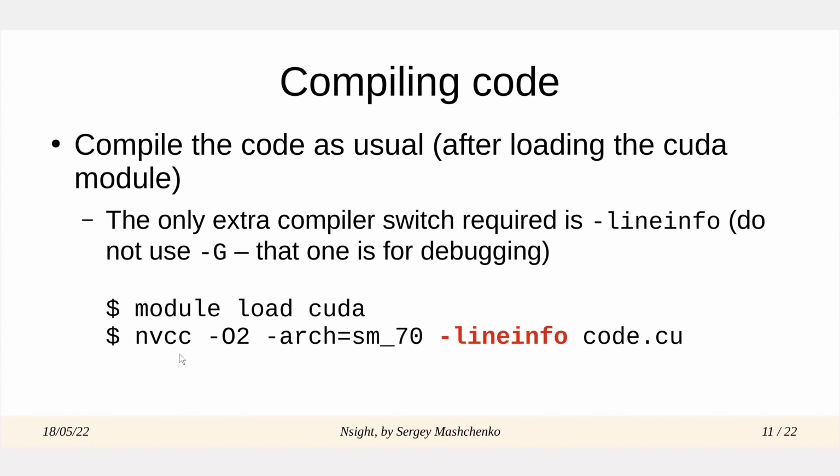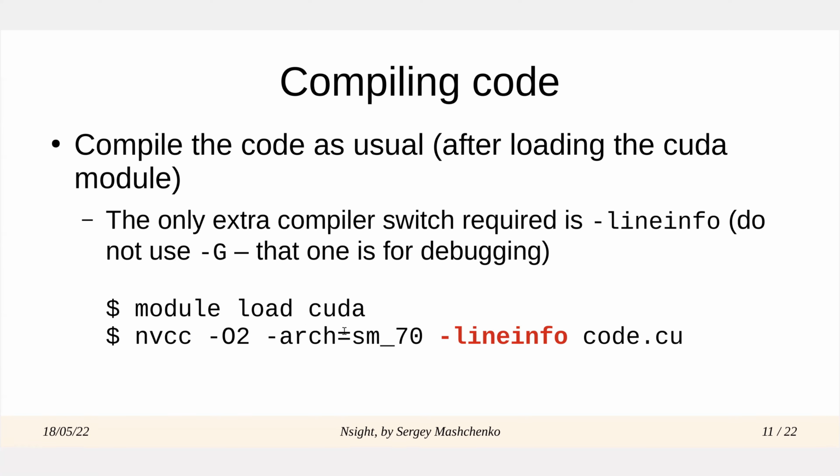About compiling your code, you have to actually recompile your code for proper profiling with these tools. The only thing you need is to make sure you add the -lineinfo switch to your NVCC compiler. NVCC is the NVIDIA compiler, which becomes available once you do module load CUDA.